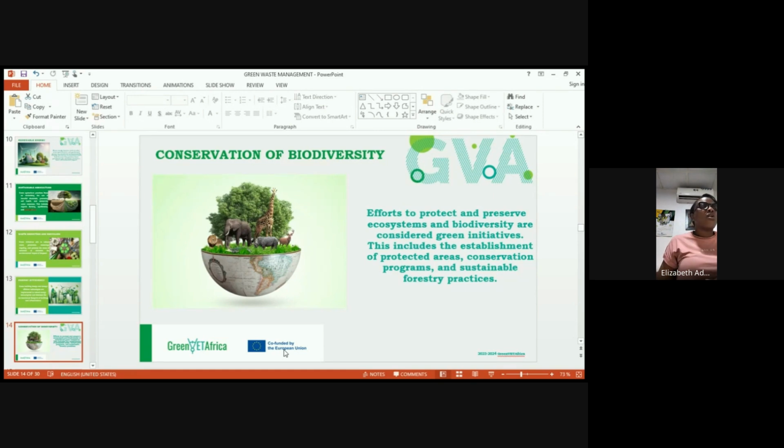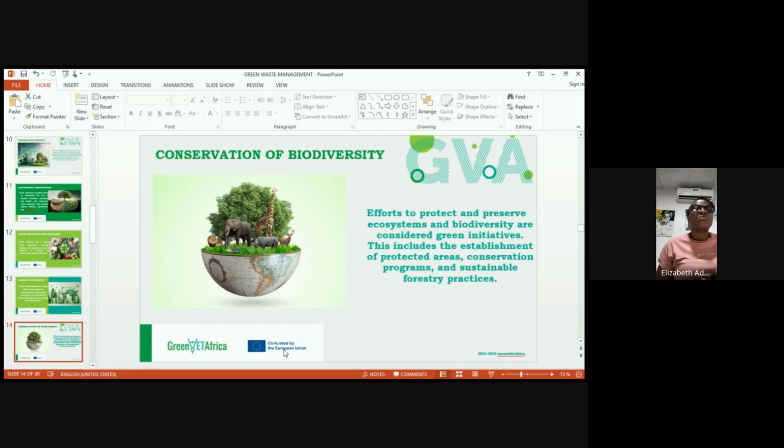So these are all life forms. Biodiversity means that as living organisms, we are different in our genetic makeup and in our function. We have some organisms in the water, some on the land, and some in the air. These different life forms are what we refer to as biodiversity.